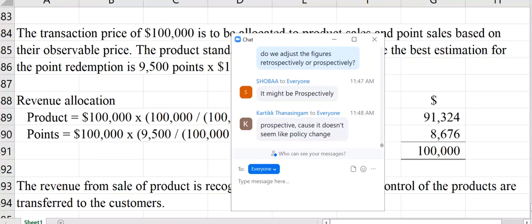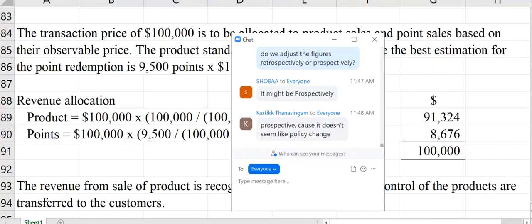Okay, can't it say prospective? Because it doesn't seem like a policy change. So we have only two types of changes, retro and prospective. Retrospective is for changing accounting policy and correction of error. Prospective is for changing estimation. So this one is not a policy change. I didn't see there's a policy change.